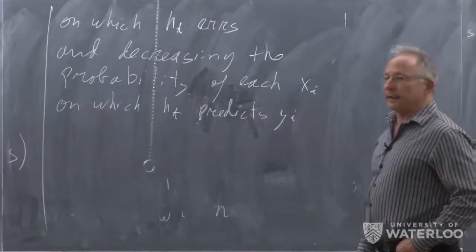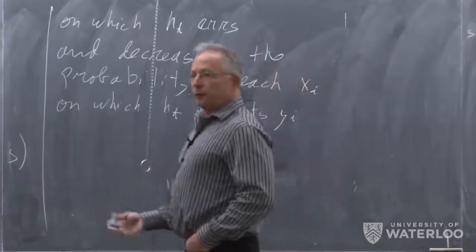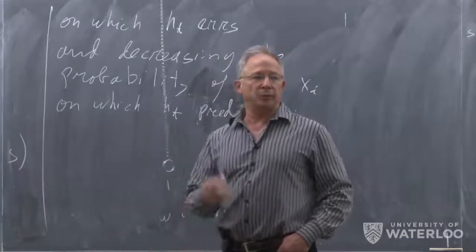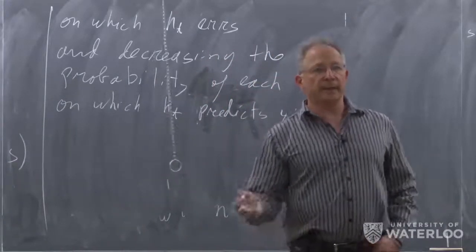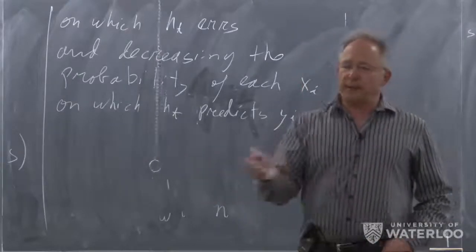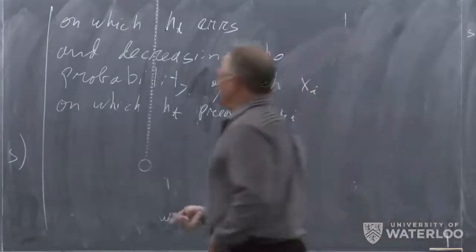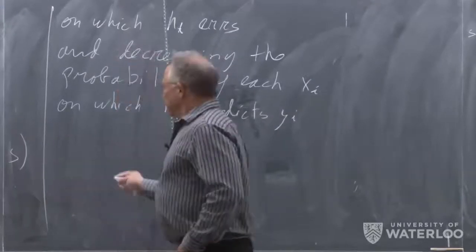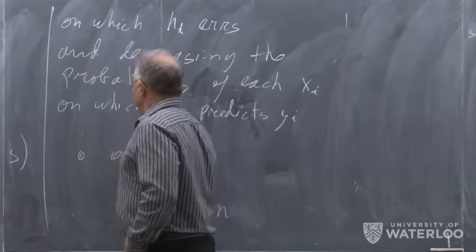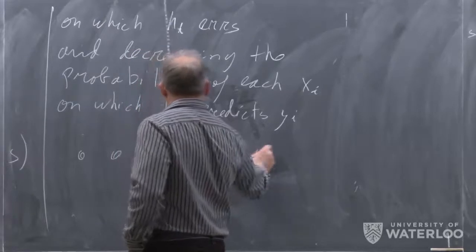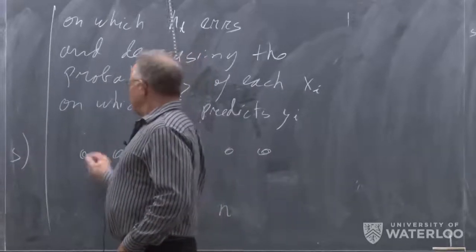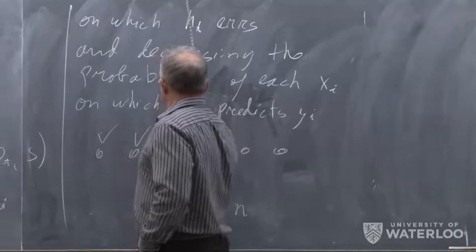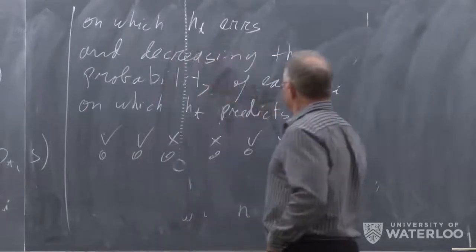So the idea is you take your sample, you feed it to the first learner h1. The weak teacher h1 makes some errors. So if I look at my sample, after applying h1, I have correct, error, correct, error.